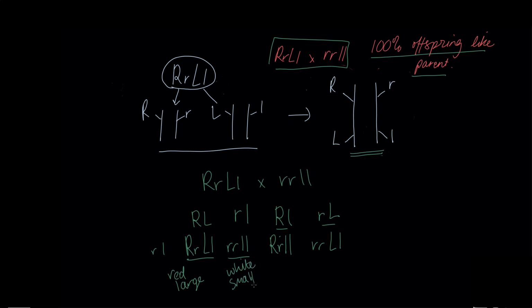Okay, that's what we expected. However, we now have a recombination of the traits, and that's why it's called recombination. We now have some organisms that have red flowers but small leaves, and some with white flowers but large leaves.